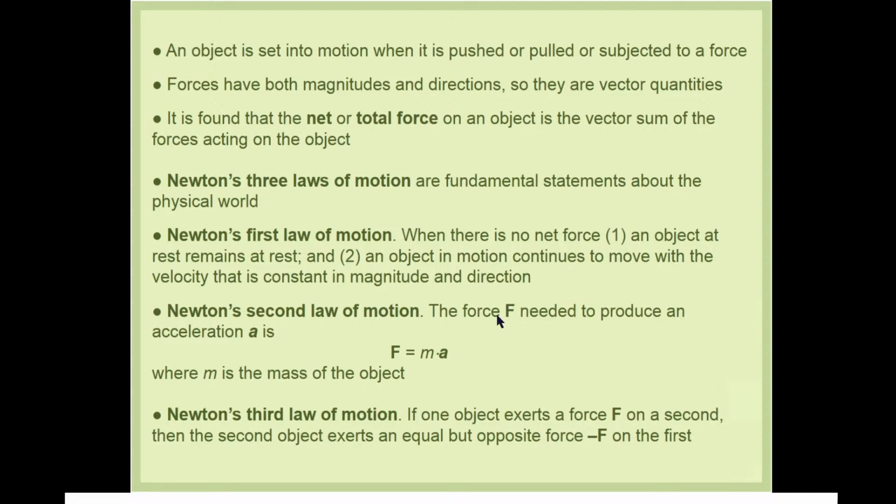This should be considered as the resultant total force on an object that is set into motion with the acceleration. And finally, Newton's third law of motion. If one object exerts a force on a second, then the second object exerts an equal but opposite force on the first.